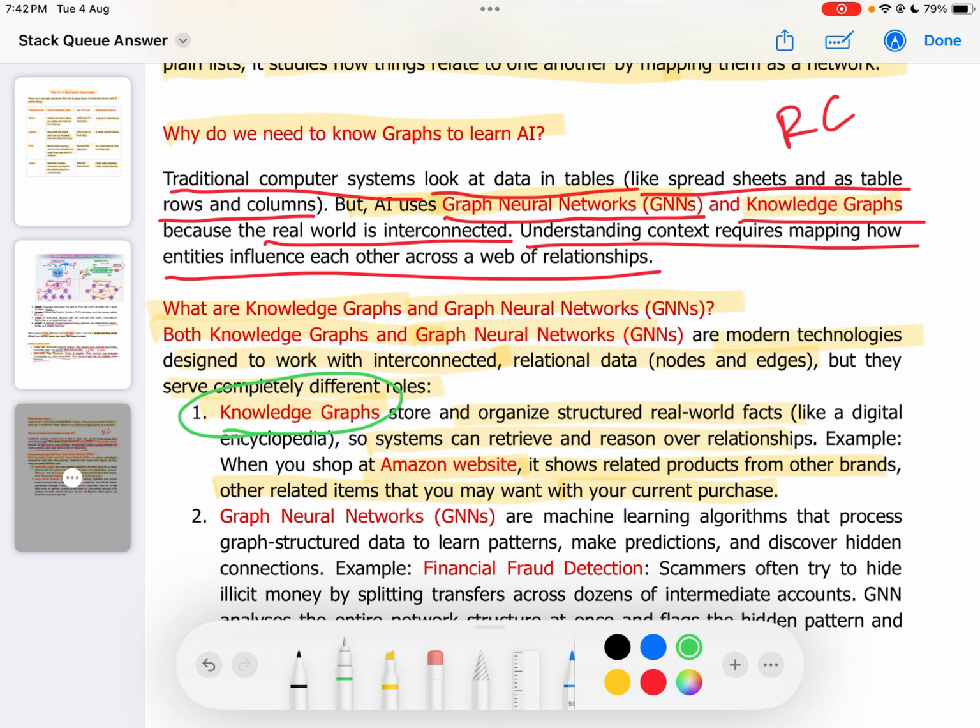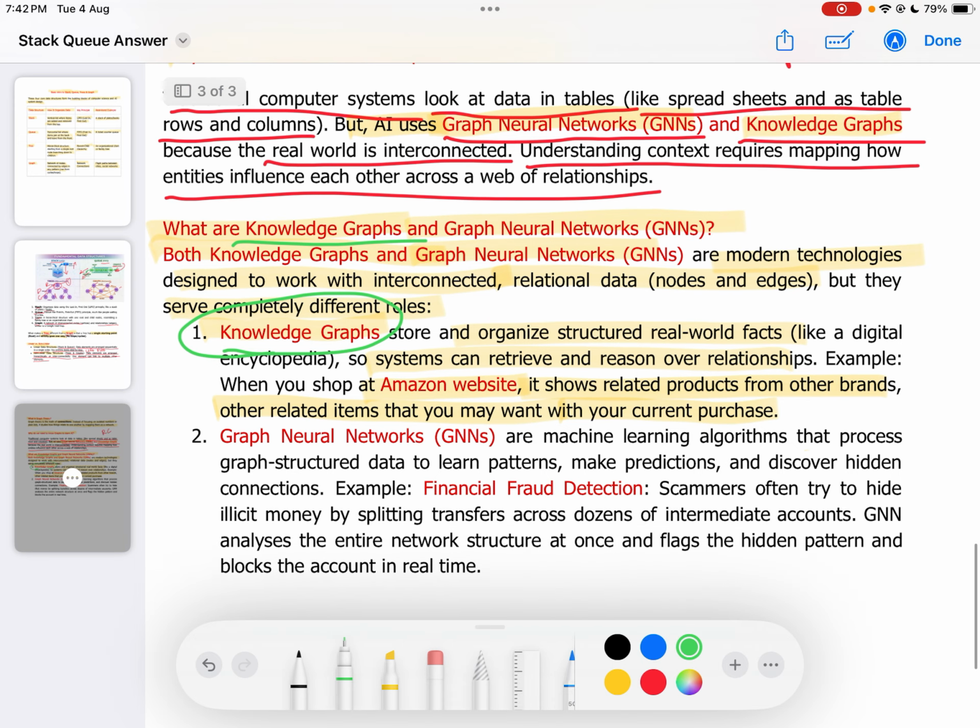A knowledge graph collects related items and saves them as a set of items. So when you look for a mobile, the cover, glass, accessories, charger, and wireless headphones all come with it. This is possible because of knowledge graphs.